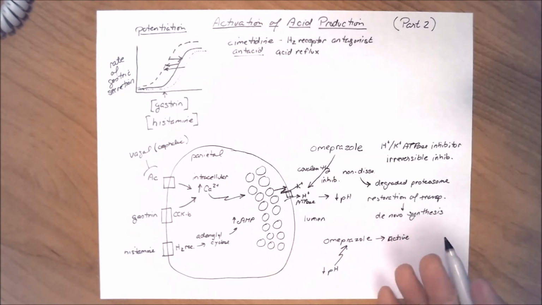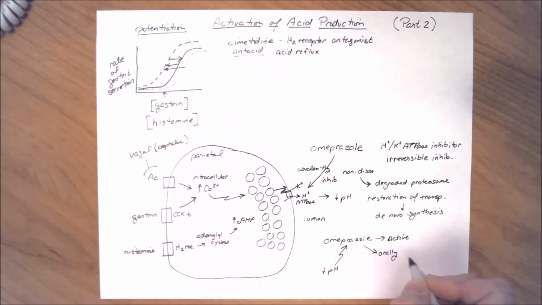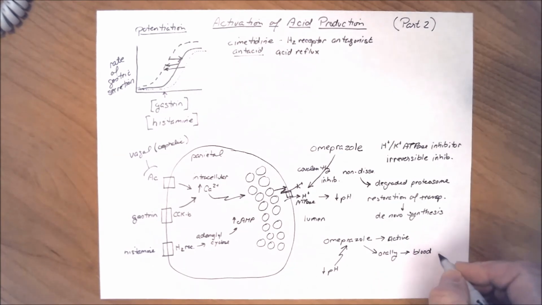What that means is that the patient takes the omeprazole orally. It's absorbed into the blood, which of course is pH 7.35.